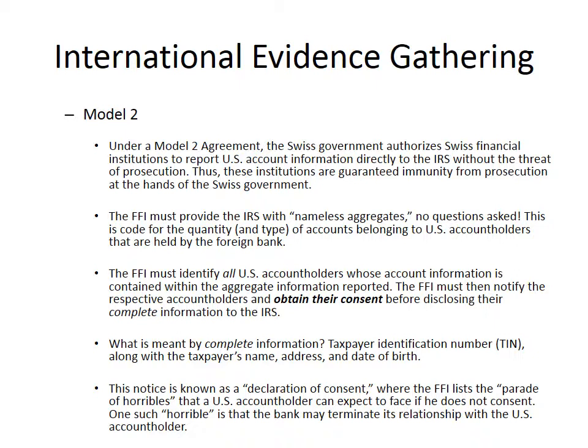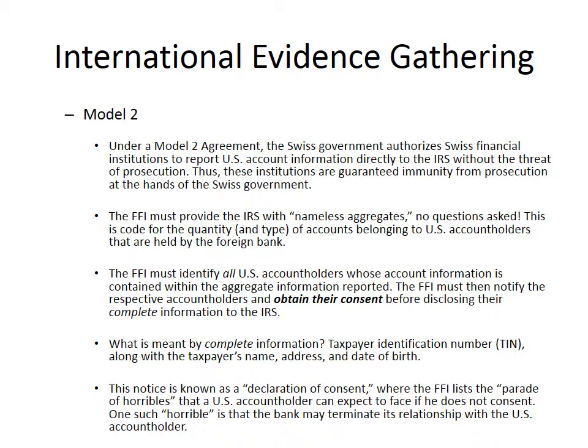Now, after the bank provides the IRS with these nameless aggregates, step 2 is for the bank to identify all U.S. account holders whose account information is contained within the aggregate information.